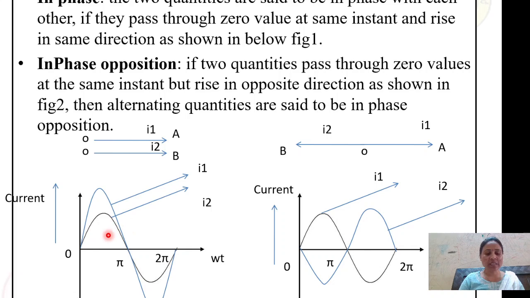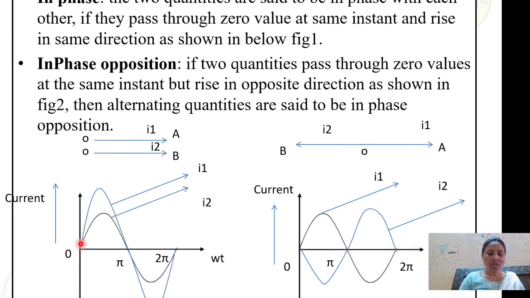here we have considered two alternating quantities, and I have taken the currents I1 and I2. The quantity represented with the black lines, let us call it I2, and the one with the blue lines, let us call it I1. Let us observe the starting point, at 0.